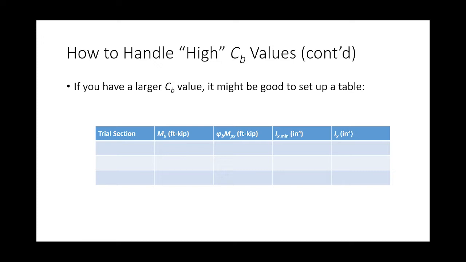So this is the way that I might suggest that you do it. I'm going to suggest maybe that you set up a table. So follow along with me, okay? We have here our trial section, and we set a W24 by 84. We found that from table 310, okay? Now, we have a factored moment of 1,020 foot kips, and our phi MP is 840, right?